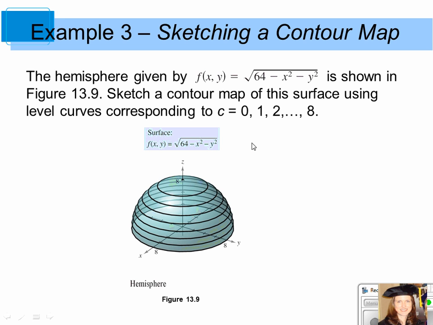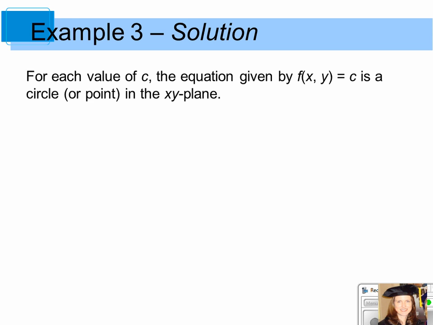So you're going to set the function equal to each of these elevations to determine the contour lines or the level curves. You can see it's sliced at c equals 0. The slice of the surface is the largest circle. At c equals 1, the circle's not quite as large, and as the elevation increases, the circles, which are the contour lines, get smaller.